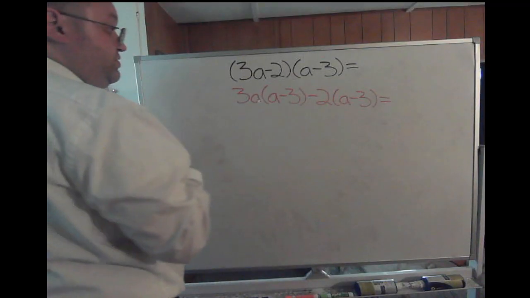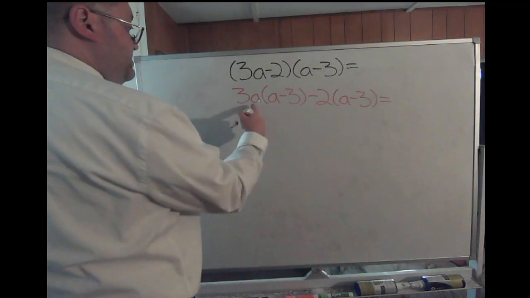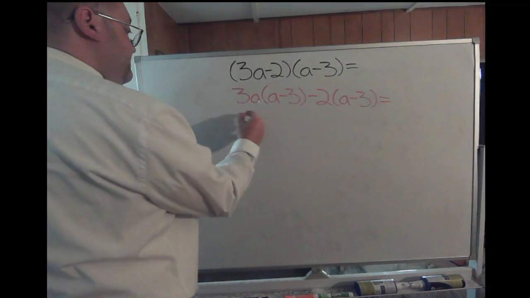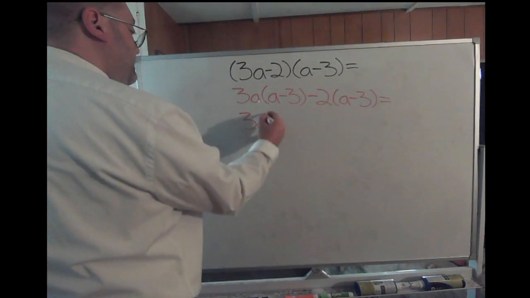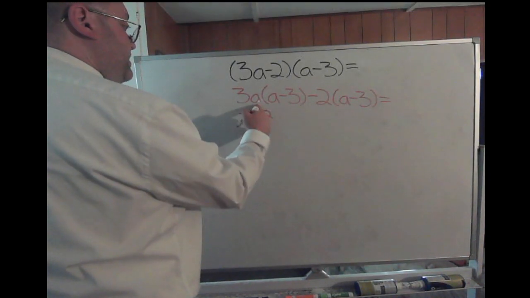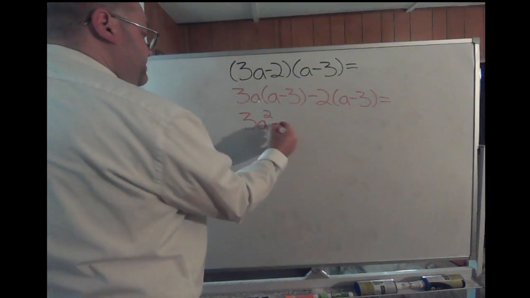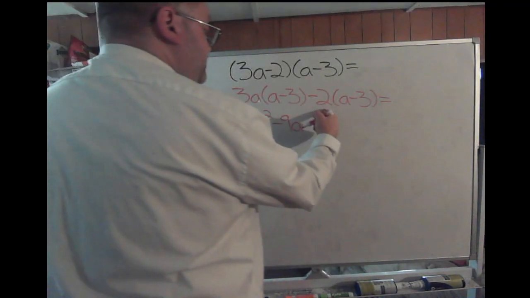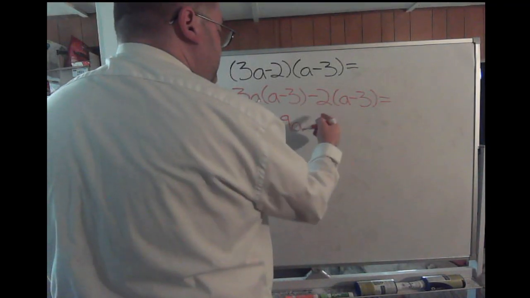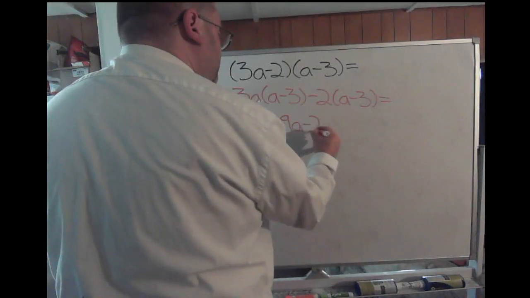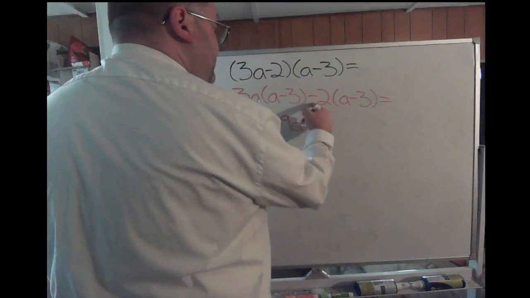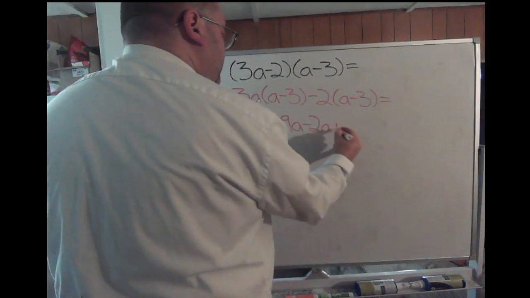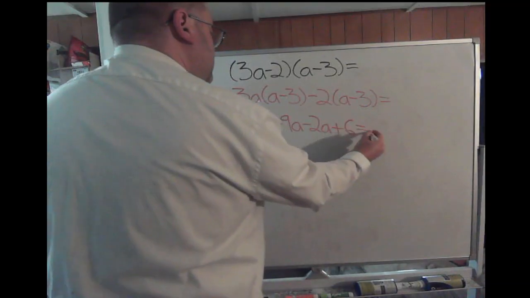Okay, now just do the distributive property on each term. You'll take 3a times a, that'd give you 3a squared. Then you have 3a times negative 3, that'd give you negative 9a. Then you have negative 2 times a on the second term. Negative 2 times a would be negative 2a. Then you have negative 2 times negative 3, that'd be positive 6.